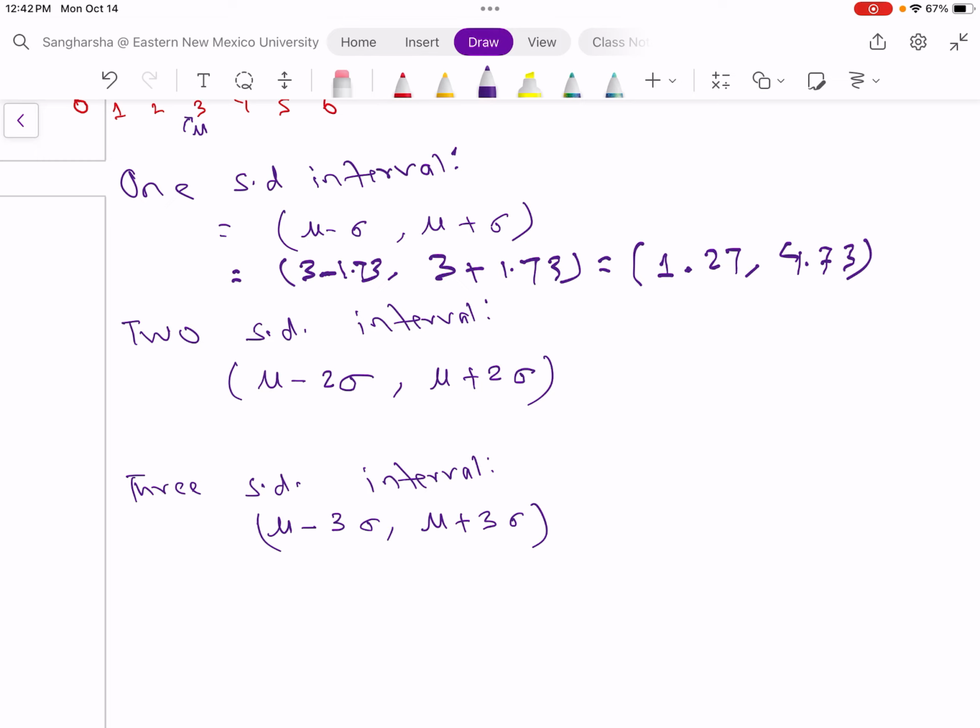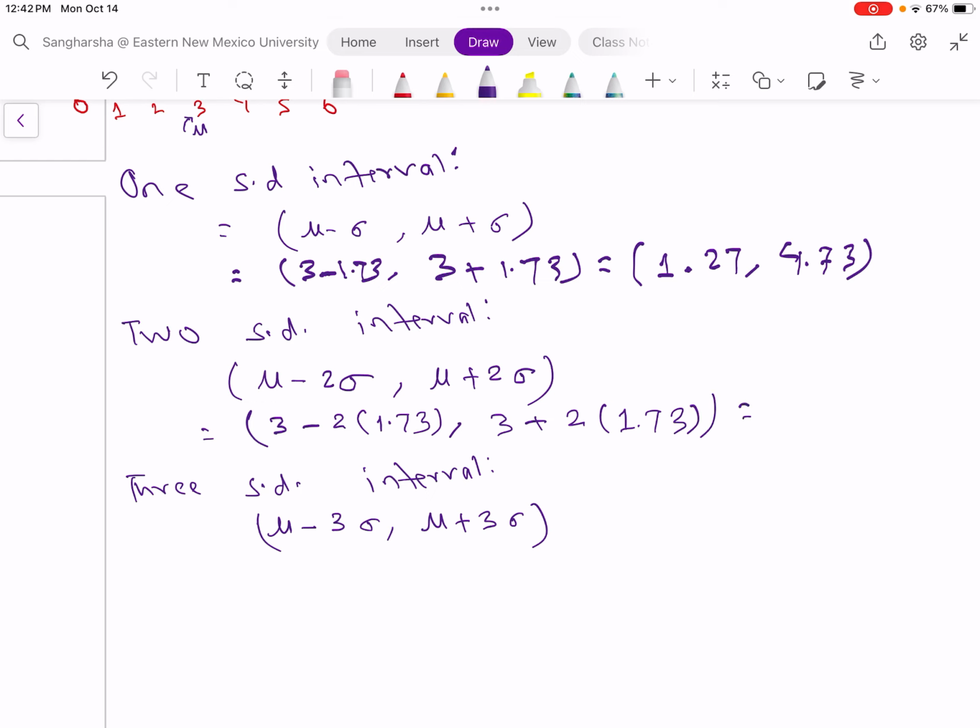In a similar way, you can find the 2 standard deviation interval. So mu is 3, minus 2 times sigma, where sigma is 1.73, to 3 plus 2 times 1.73.